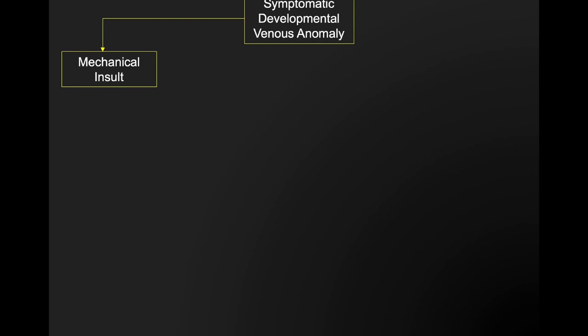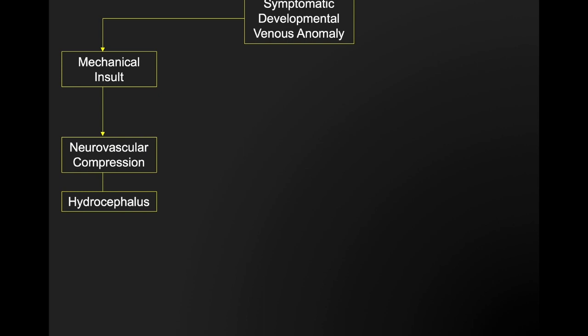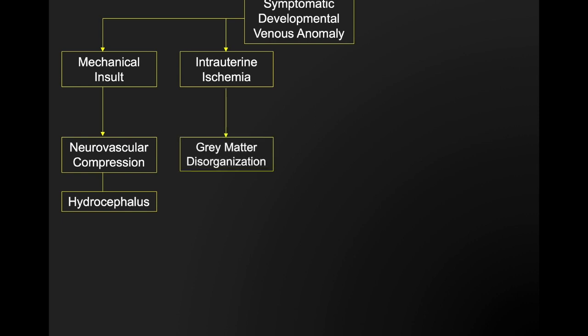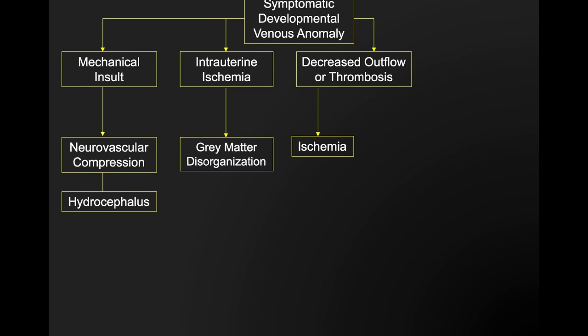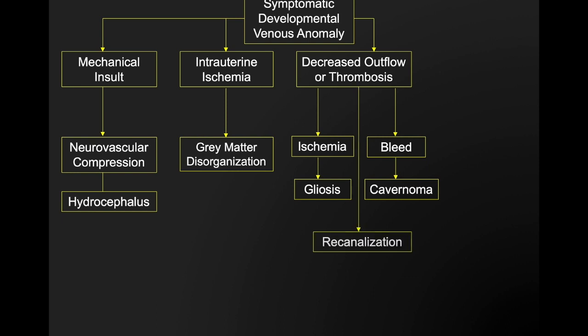So the mechanisms by which a DVA can become symptomatic: you can have a mechanical insult, for example, neurovascular compression or hydrocephalus. You can have intrauterine ischemia, which can result in gray matter disorganization. You can have decreased outflow or thrombosis from the DVA, which can result in ischemia and gliosis, or even bleeding and formation of cavernomas.